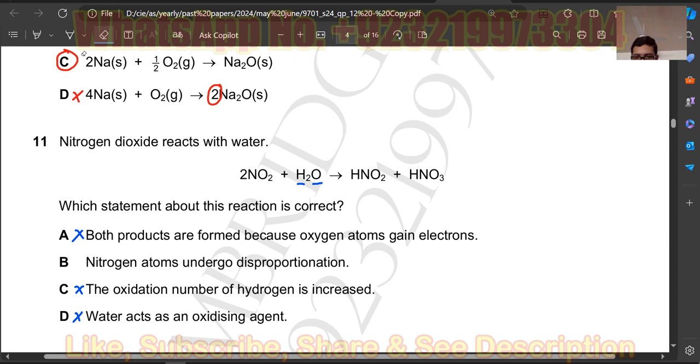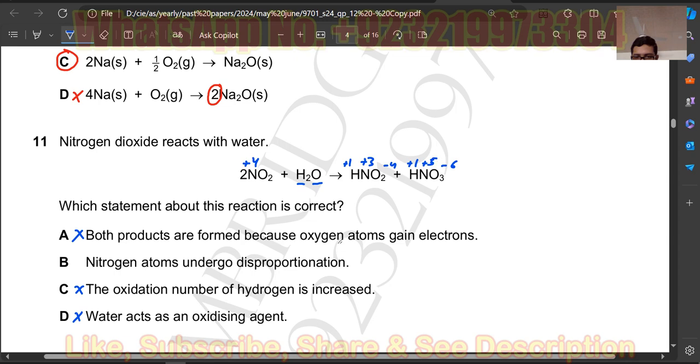Disproportionation means a single element being oxidized and reduced in the same chemical equation. So nitrogen, I need to write the oxidation number of all the nitrogen atoms present here. It is +4 here. It is then +3 here. We can calculate the values because it is -4 and this is +1. And on the right over here, if oxygen is -6, it is +1, then it is +5.